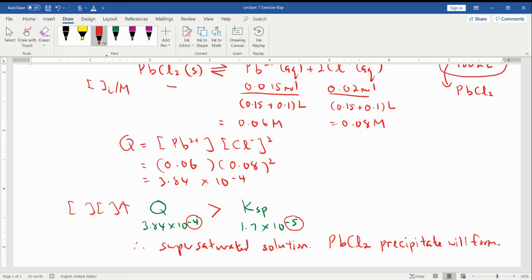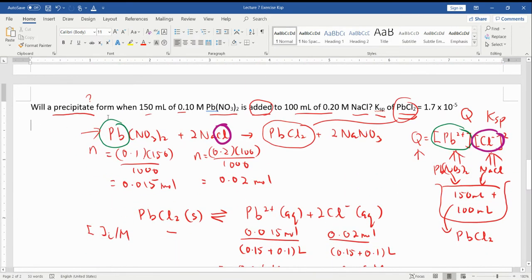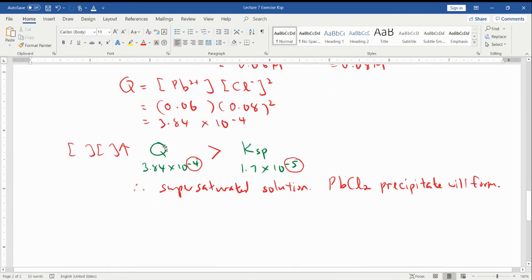Why do we answer this? Because remember the question asks, will a precipitate form? So after we have compared Q and KSP, then we mention what type of solution it is and whether the precipitate will form or not form.